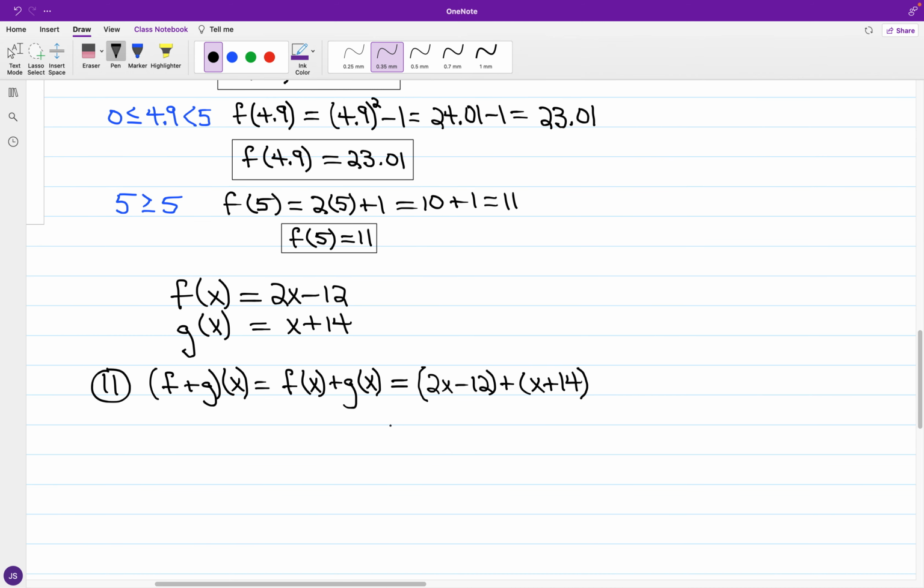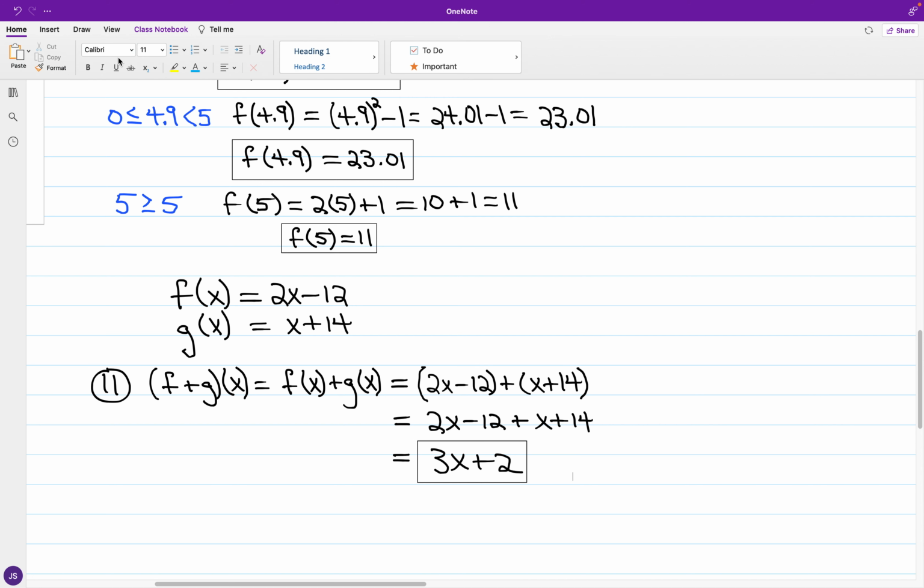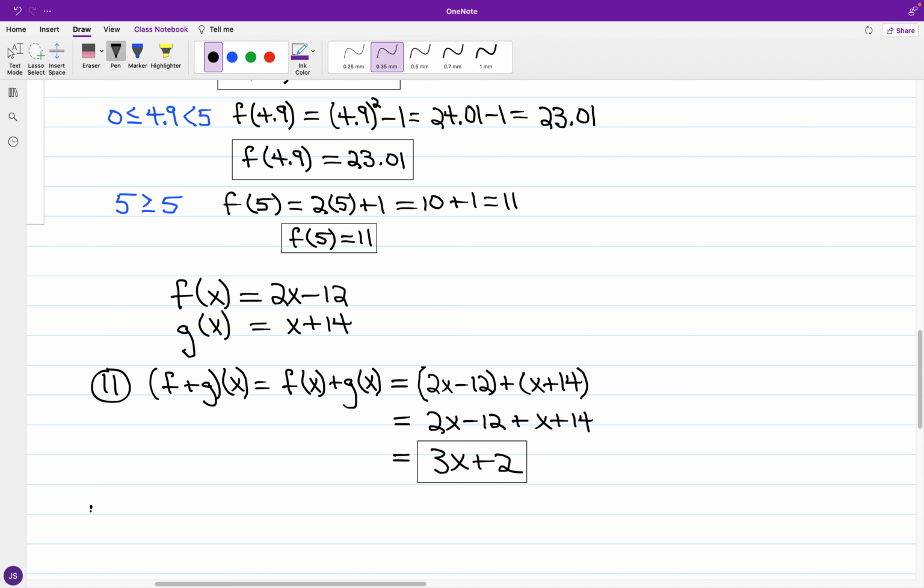And removing the parentheses, I got 2x minus 12, and we have x plus 14 to follow. Combining, 2x plus x is going to make 3x, and negative 12 plus 14 comes out to positive 2. And we'll get to the domain of this operational function in just a moment.